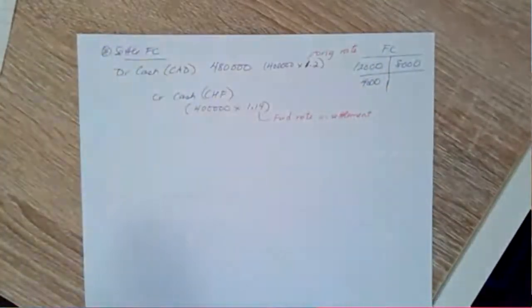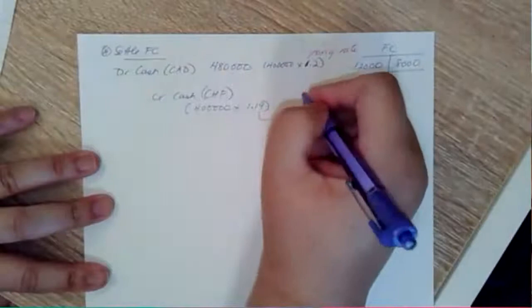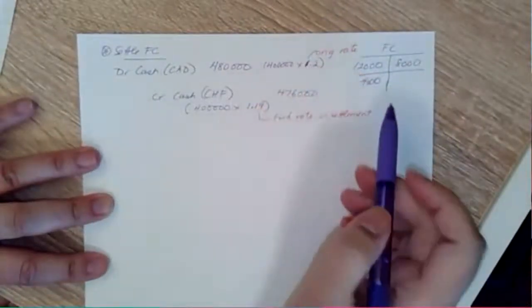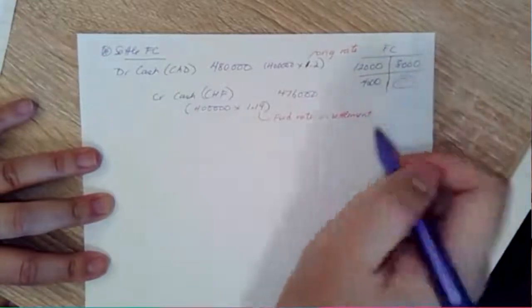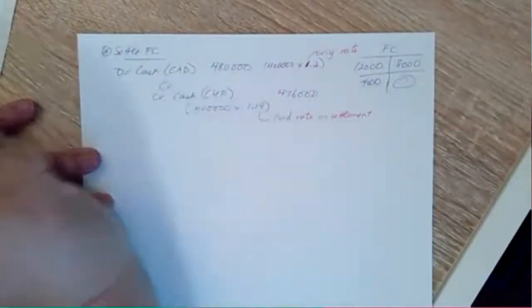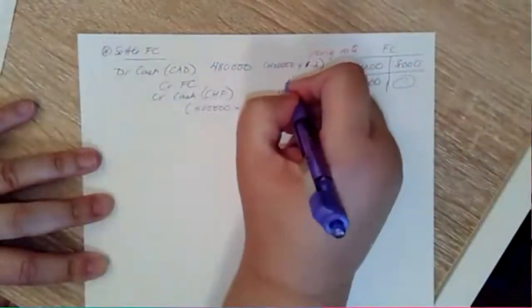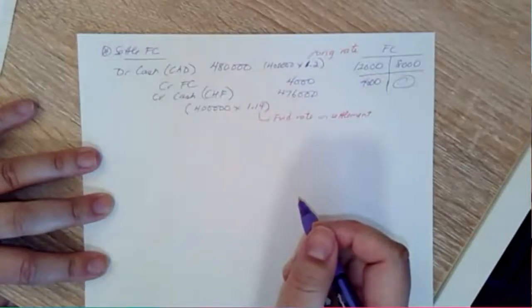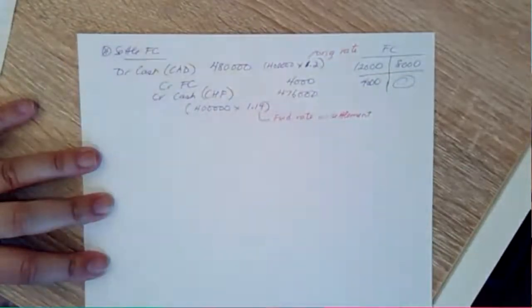You can use the spot rate if you need to. So 476,000. The other one, we have to close this off so it happily balances. Forward contract, 4,000. And we're good there.